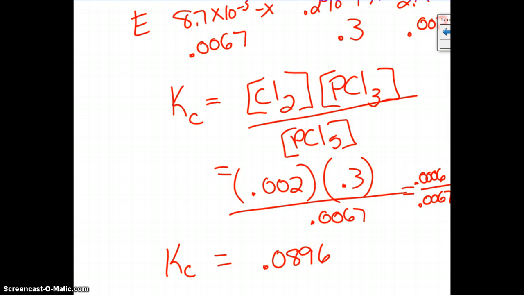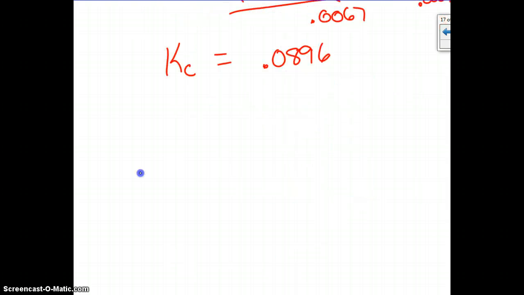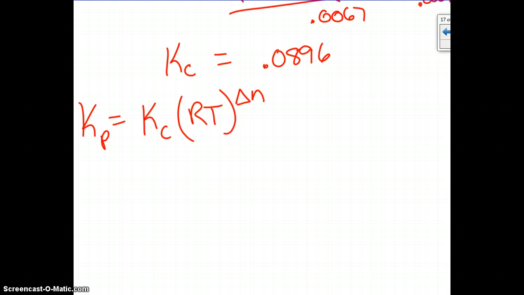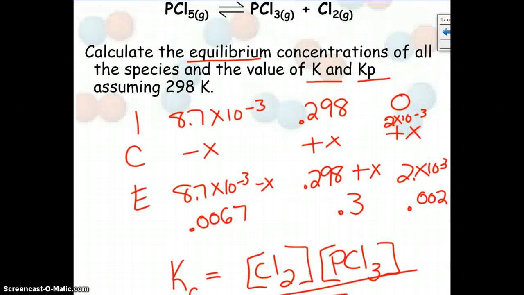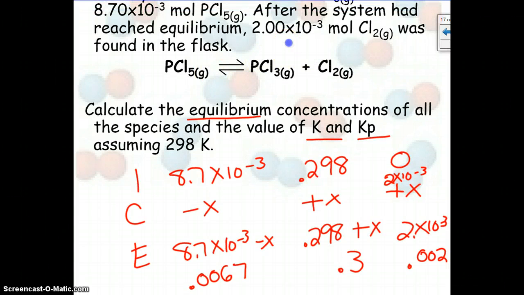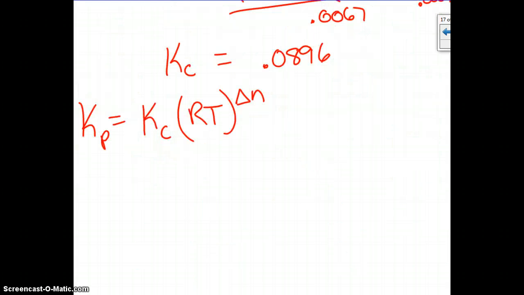Now it also asks us to find Kp. Kp is equal to Kc times RT raised to the delta N, so moles of product minus moles of reactants. We'd have 2 moles of product and 1 mole of reactant, so that gives us a delta N of 1. R was 0.0821.